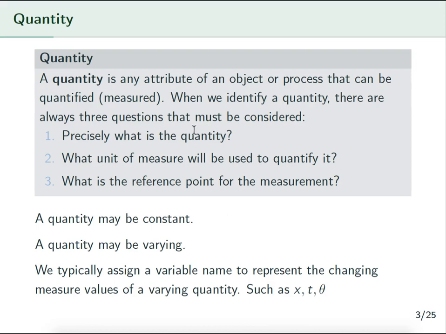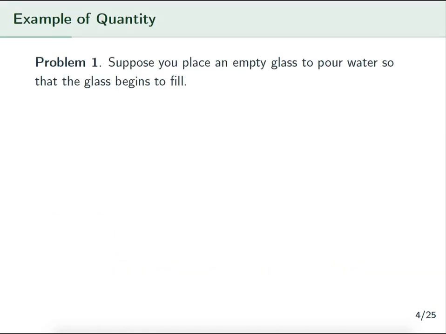It is important for us to understand the idea of quantity because a function represents the relationship between two quantities, input quantities and output quantities. So next page, let's look at an example of a quantity, then we'll define a function.